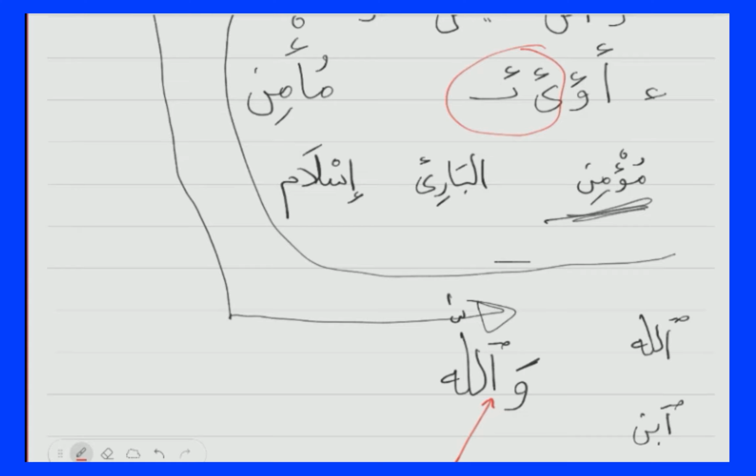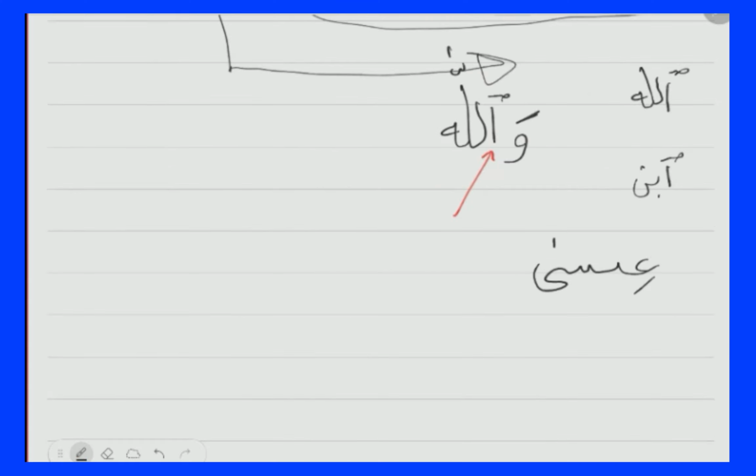So you say, for example, Isa. How do you read this? Isa ibn Maryam. Here in this case, we're not starting our pronunciation with this hamza. We're starting our pronunciation with this ayn. So the first word is Isa with an alif on the end, alif maksura, the alif that's shaped like a ya.